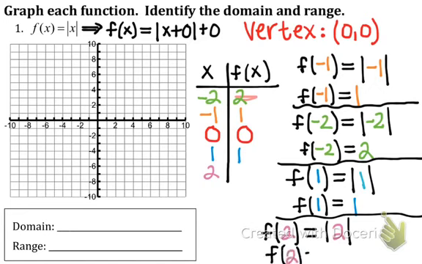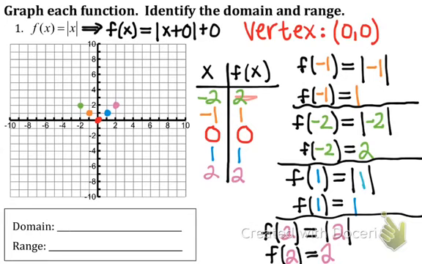Absolute value of 2 is positive 2. So f of positive 2 is equal to positive 2. So now that we have a pretty solid table of values here, now we can go ahead and graph them. So I'm going to first graph negative 2, 2, negative 1, up 1, 0, 0, over 1, up 1, and positive 2, 2.